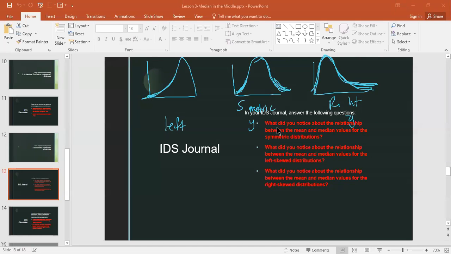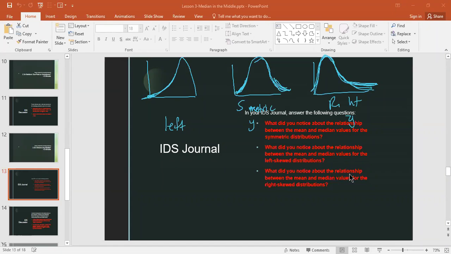What did you notice about the relationship between the mean and the median values for our symmetric data? What did you notice about the relationship between mean and median for the left skewed data? What did you notice about the relationship between the mean and the median for the right skewed data?